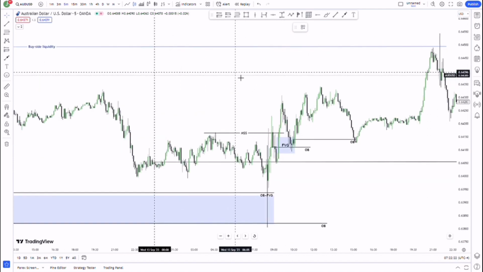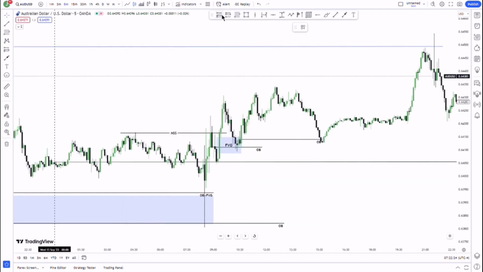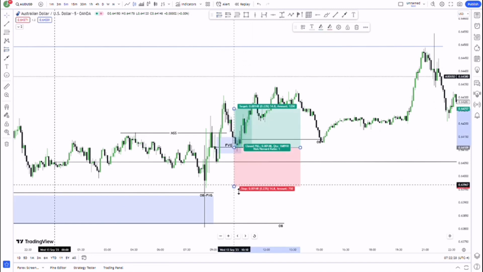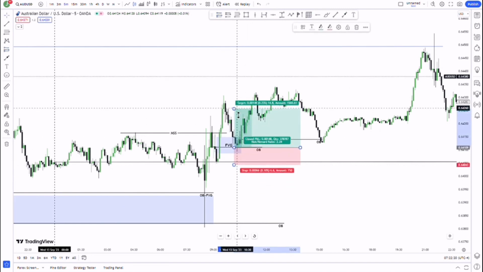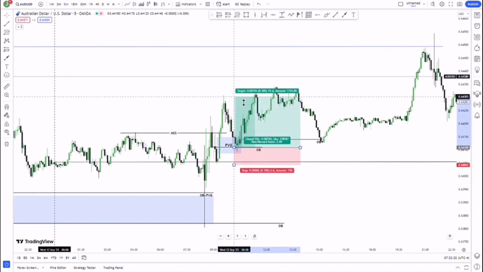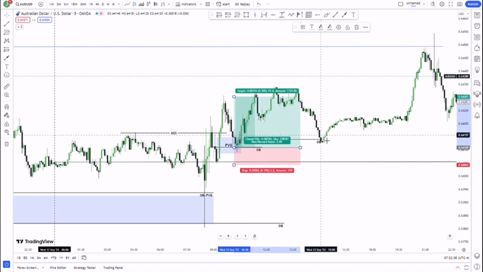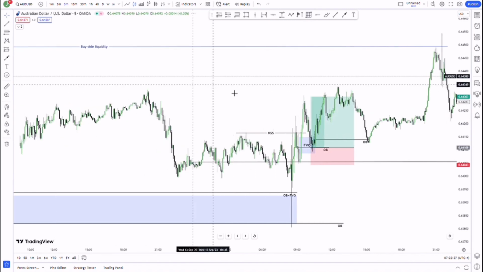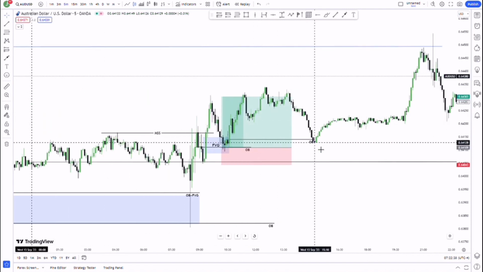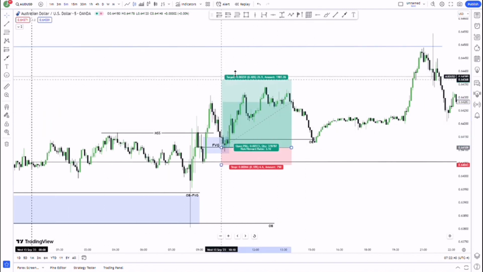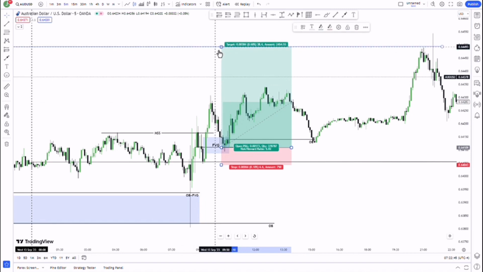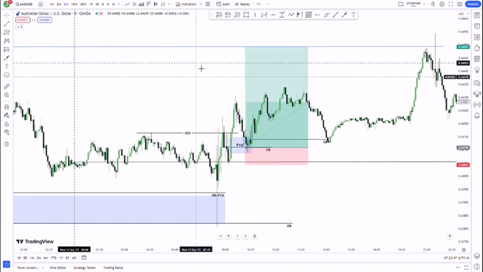Right. So as you can see, upon entering our trade, our stop loss was over there. Upon entering, it bought and it retraced. But then remember, our target was this buy side liquidity.